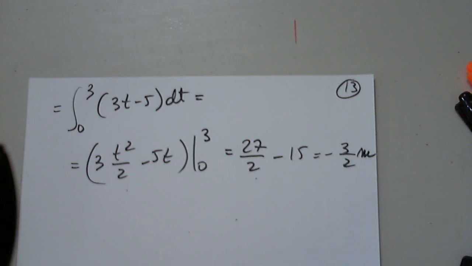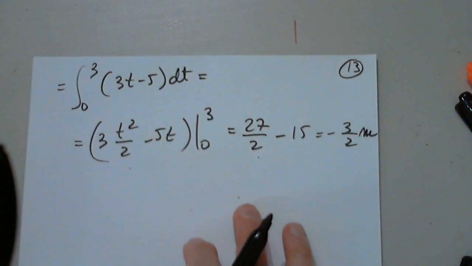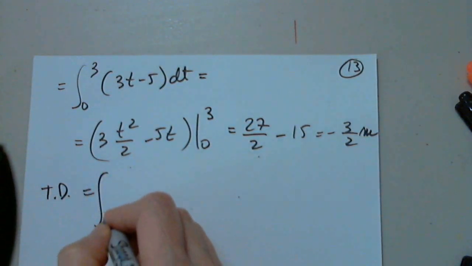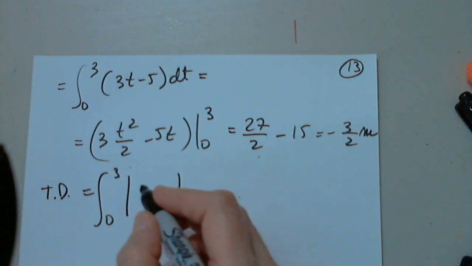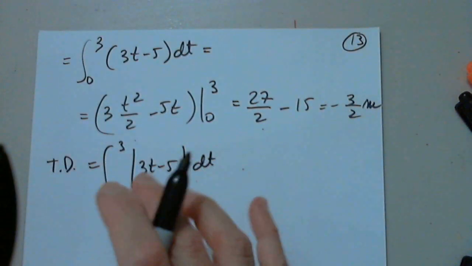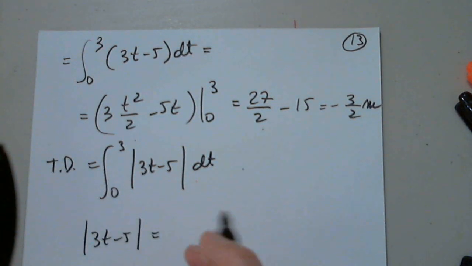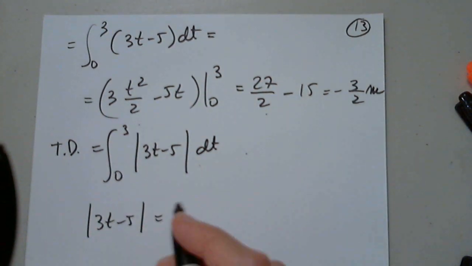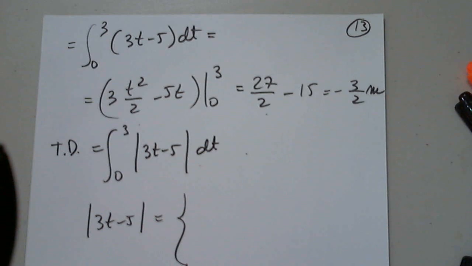Now they're asking us to find the total distance traveled by the particle. Okay, fine. So for the total distance, we still have the integral from 0 to 3, but this time of the absolute value of 3t minus 5 dt. If you remember, the absolute value of 3t minus 5 has two possibilities. Can anyone give us those two possibilities? What are they?